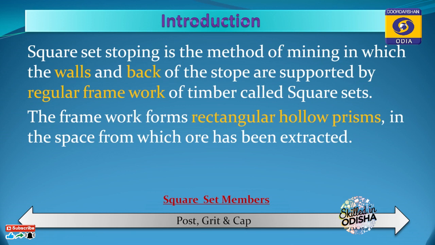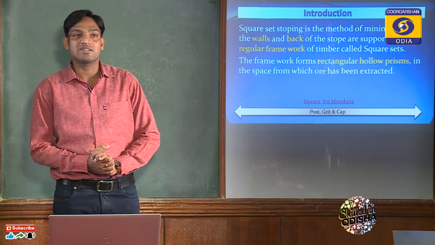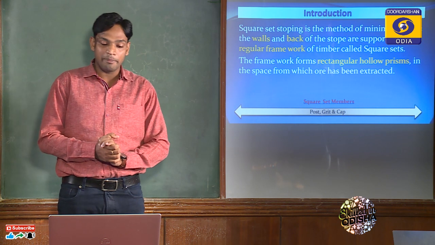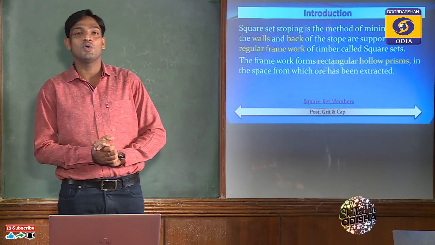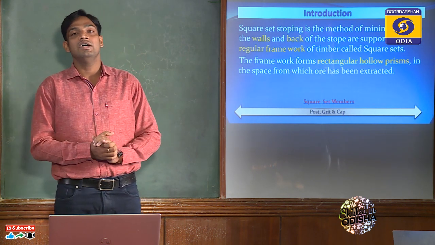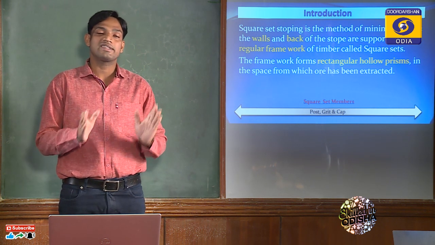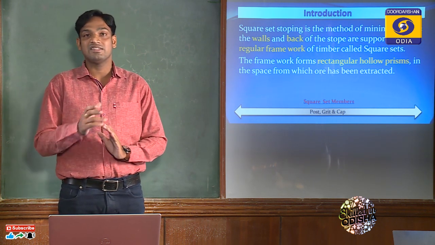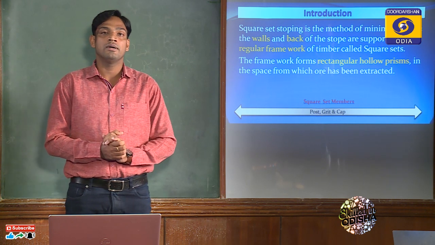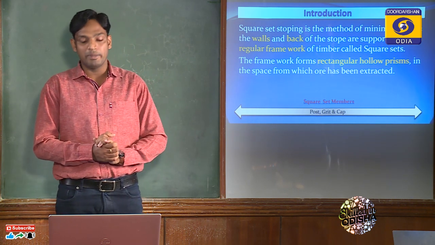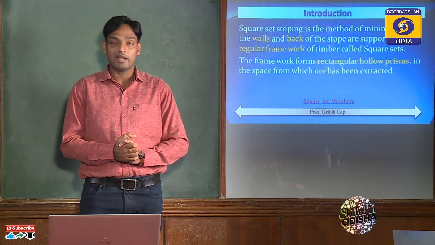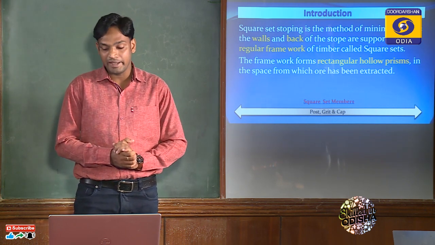This regular framework is actually an investment in this system. We have to invest these wooden rectangular hollow prisms in this method so that they will be set permanently there, and this is actually an artificially supported stopping method. The square set members are post, girt and cap.